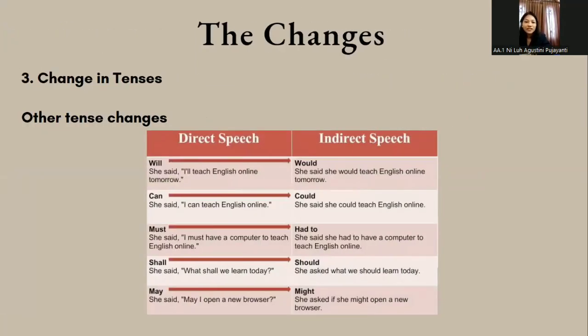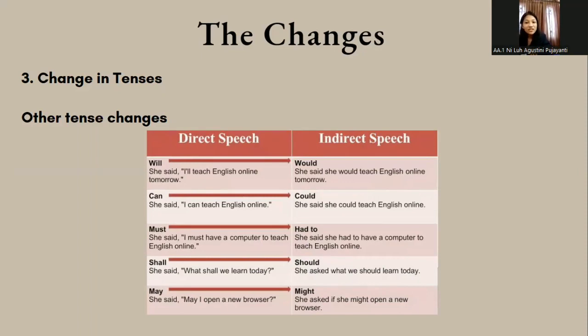And other tense changes, like will into would. And the example, she said, "I'll teach English online tomorrow." And indirect speech, she said she would teach English online tomorrow. Can into could, she said, "I can teach English online."